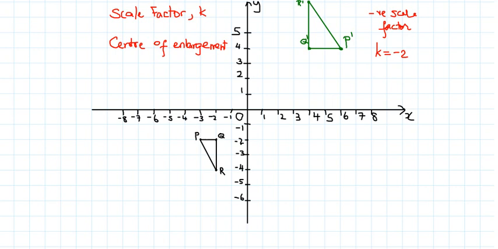And to obtain the center of enlargement, in some cases it's pretty apparent where it occurs. In this case I believe it's through the origin, and to confirm that it is through the origin, what you have to do is this. You have to, I didn't click on straight line, did I? Moving along.